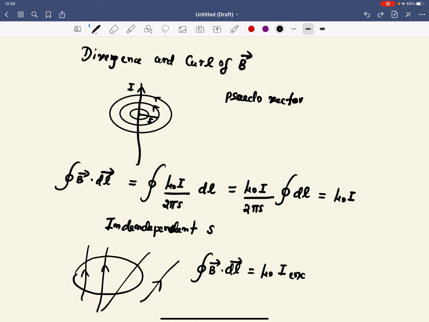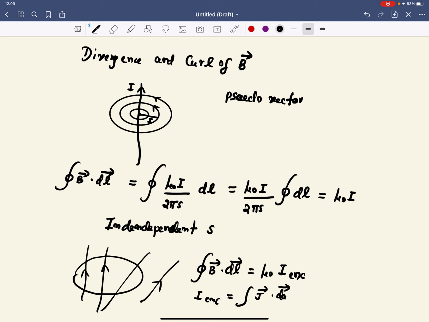So now let's try to write this in terms of the current density. We know how to write I enclosed in terms of the current density. I enclosed is equal to the integral of j dot dA, okay.